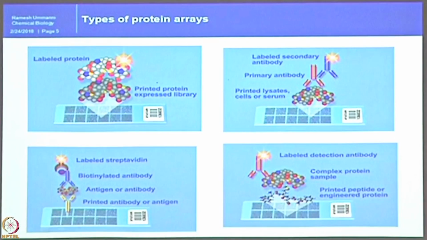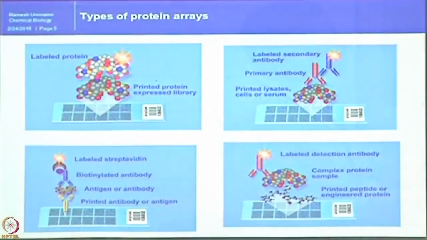This protein is not labeled here, which is why we need a detection antibody. The detection antibody can be any biotin-related antibody or any choice of your interest. Then you can detect the protein captured by the capture antibody by looking at the signal. I will explain the different signaling methods that can be used. And this is the real approach we are going to talk about for the next half an hour or 45 minutes.